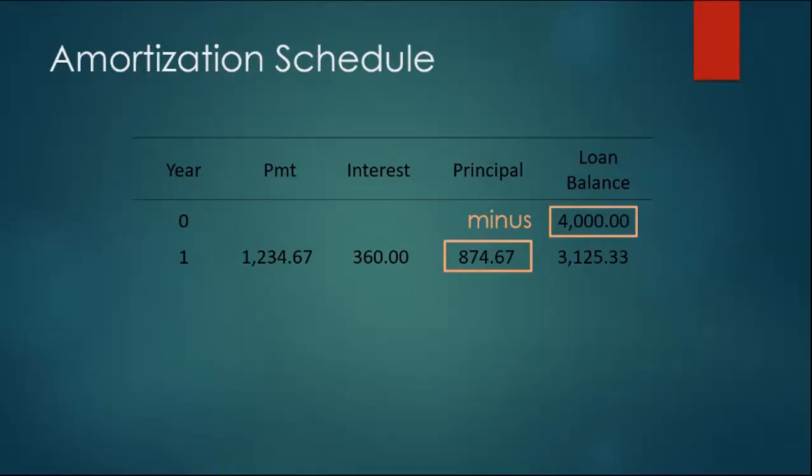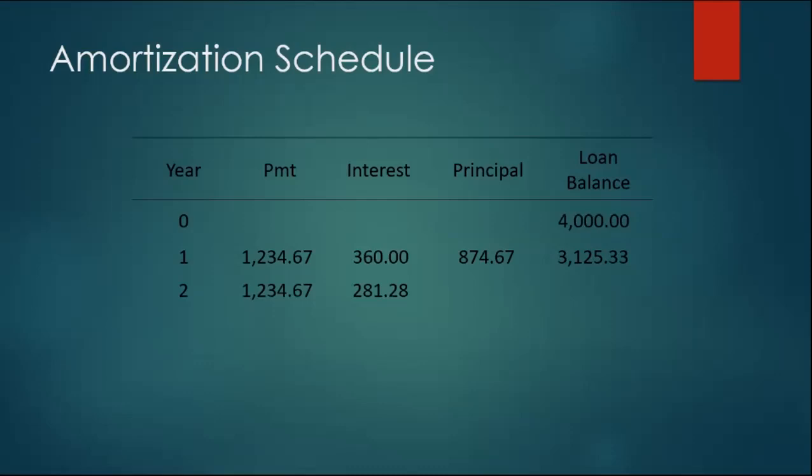So moving towards the second payment, the same amount is required to be paid for 4 years to the bank. After making the second payment, the interest being charged by the bank is 281.28.